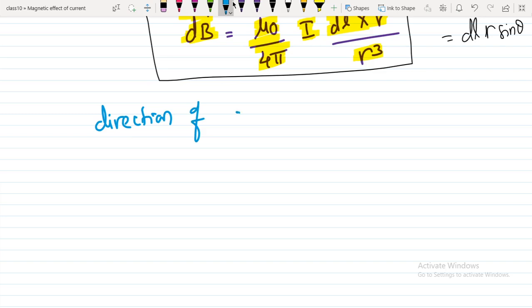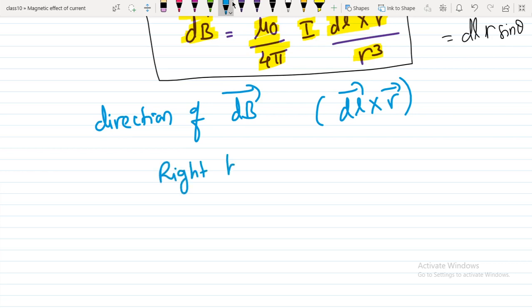The direction of dB bar is perpendicular to dl bar cross r bar, and it is given by the right hand screw rule.